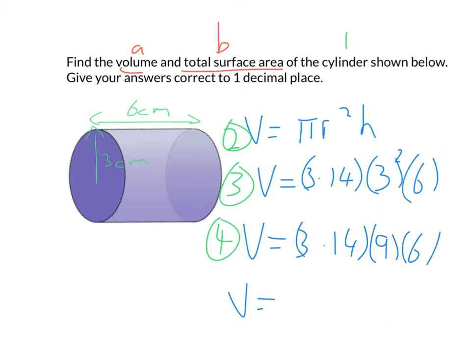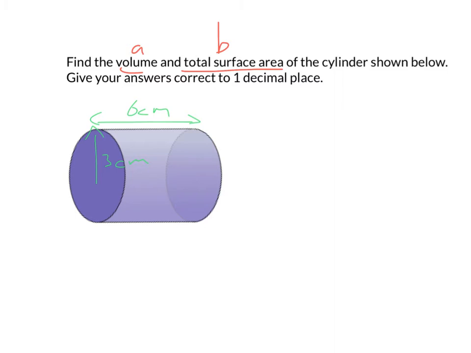This gives us a final answer of 169.6 centimeters cubed. We take the unit from the units we're given in the question, and then we know that volume is always cubed. It's really important that we don't forget our unit at the end of any question on area, volume, perimeter, etc.